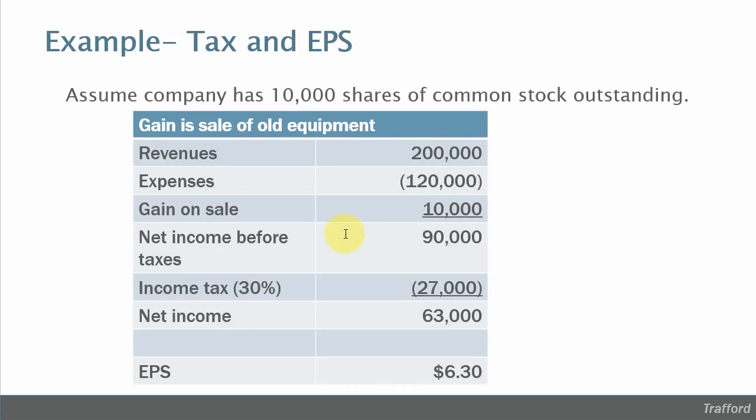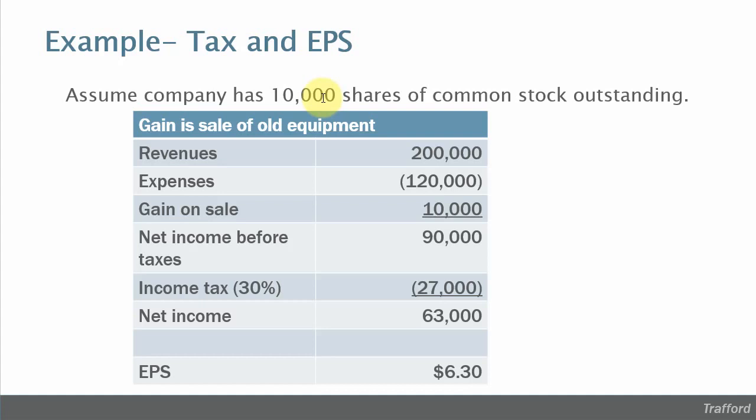Let's look at another example here, and we'll demonstrate both the intra-period allocation of taxes and the requirements for earnings per share in this pretty simple example. So first of all, let's assume that this company has 10,000 shares of common stock outstanding, and that they have been outstanding throughout the entire accounting period, or throughout the entire year.